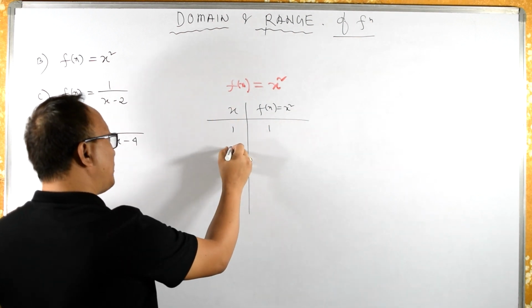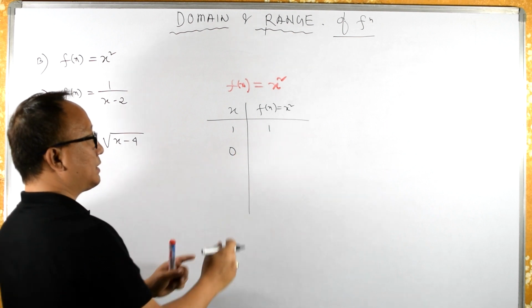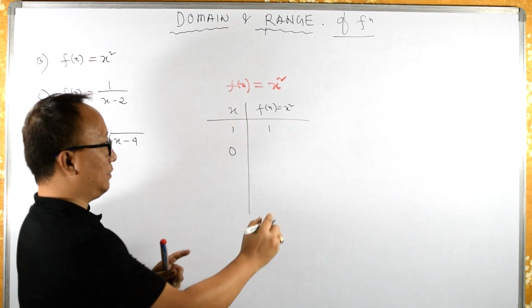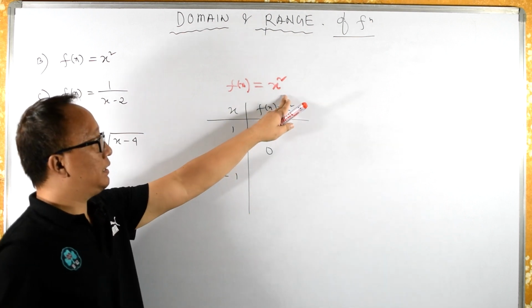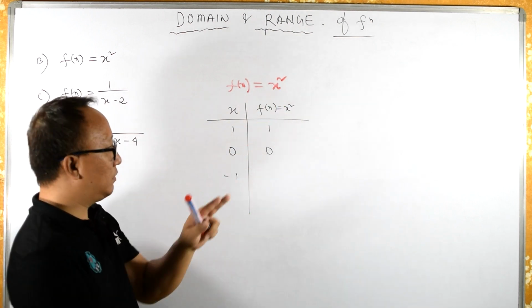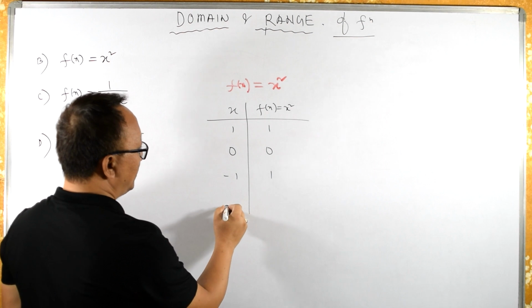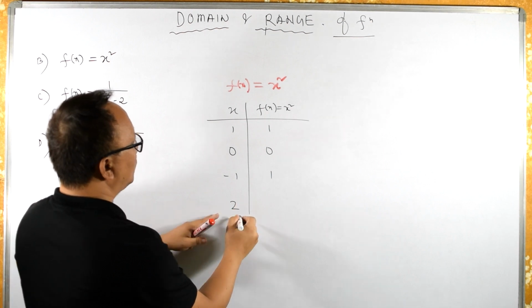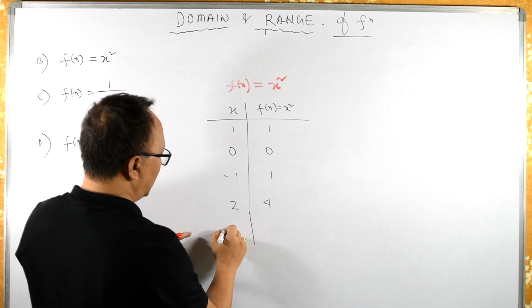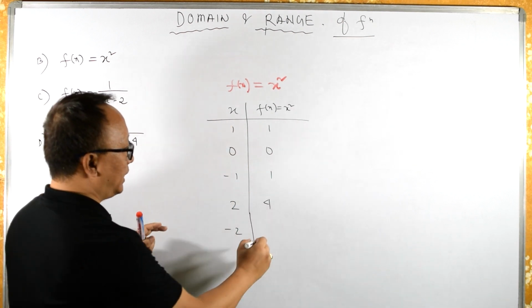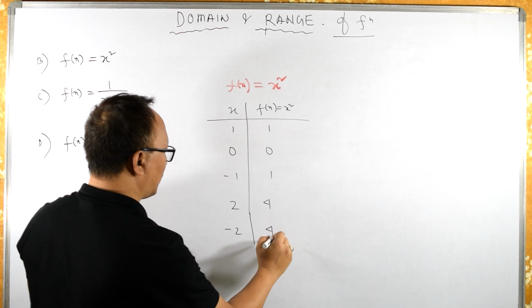Similarly, can I substitute 0 over here? Yes, because 0 square is 0. Can I substitute minus 1? Yes, minus 1 whole square is the same as 1. Similarly, 2 square is 4. If I assign minus 2, it becomes plus 4.